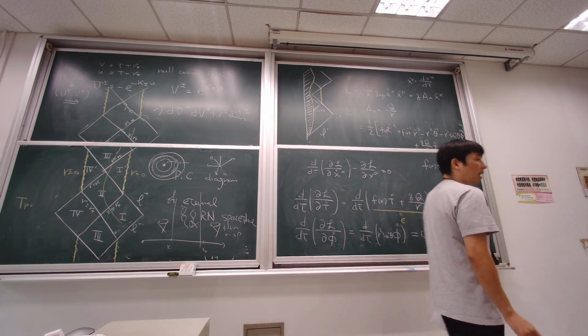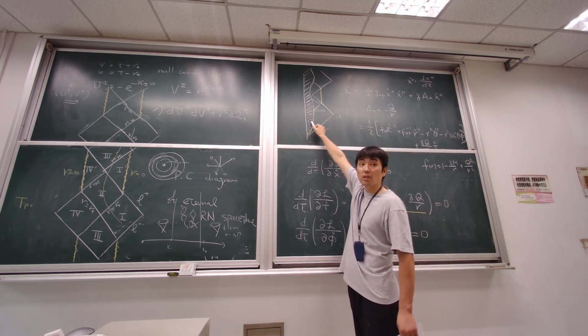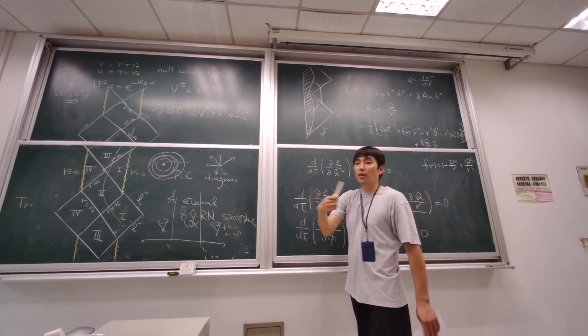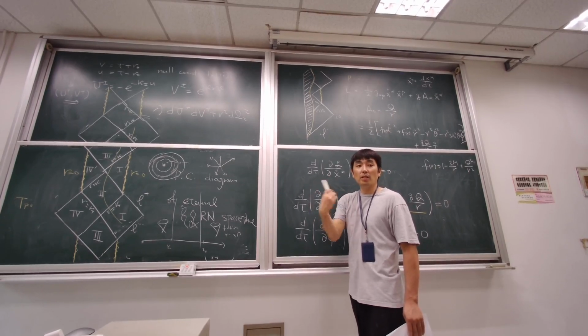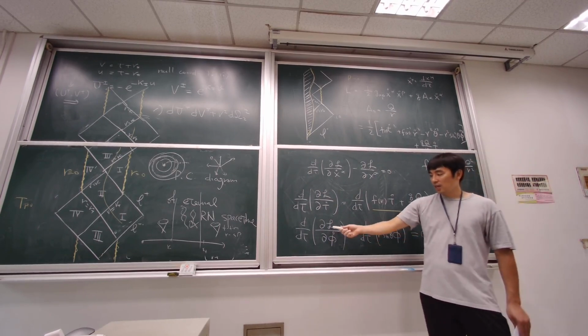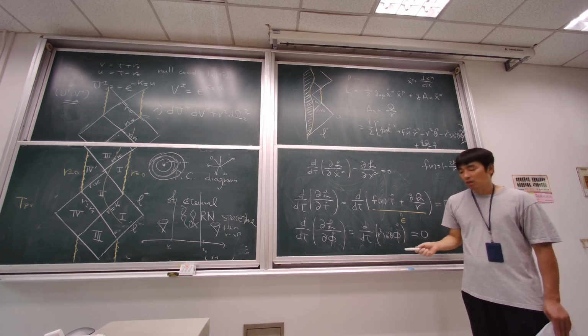But now, we only consider the particle on the surface of the star. So therefore we don't assume any angular momentum. So this term is actually dL. You can easily see this is the angular momentum of the particle.